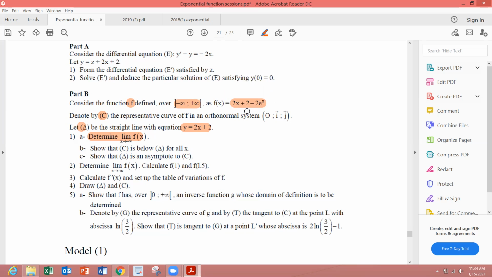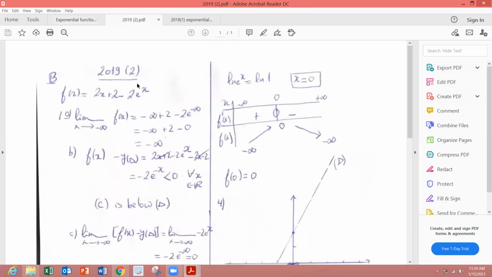We replace x by minus infinity: minus infinity plus 2 minus 2e to the minus infinity. E to the minus infinity is 0. So remains minus infinity plus 2 minus 0, it is equal to minus infinity.